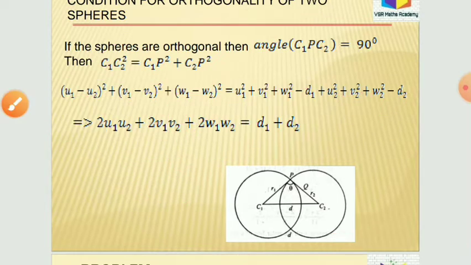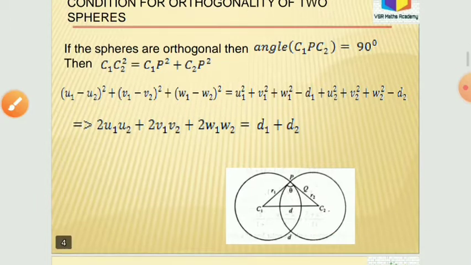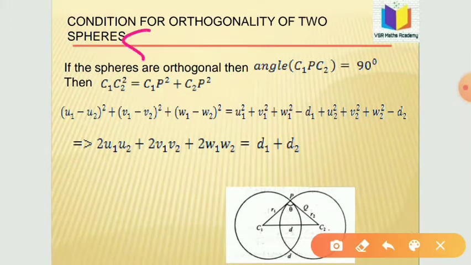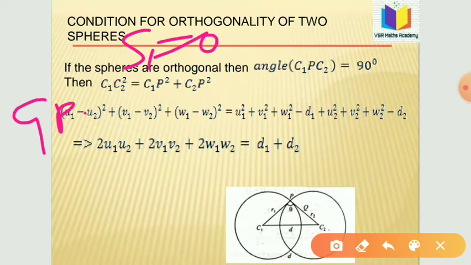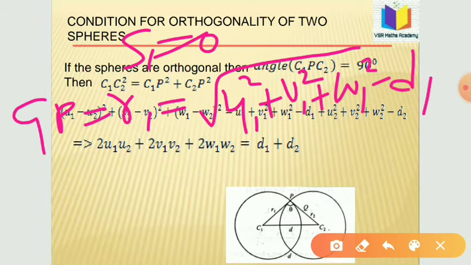Therefore C1C2 whole square is this, and C1P is the radius of the first sphere S1 equal to 0. Therefore C1P is equal to r1, which is equal to root of u1 square plus v1 square plus w1 square minus d1.